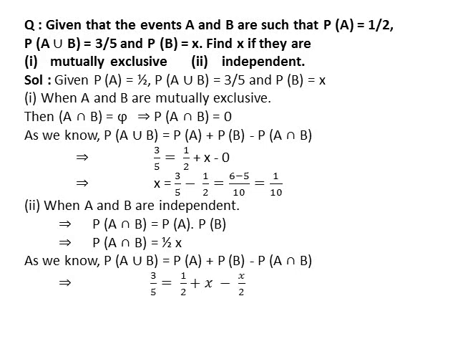Substitute the values. We get 3/5 equals 1/2 plus x minus x/2. It implies x/2 equals 3/5 minus 1/2. Solving this, we get x/2 equals 1/10. It implies x equals 1/5.